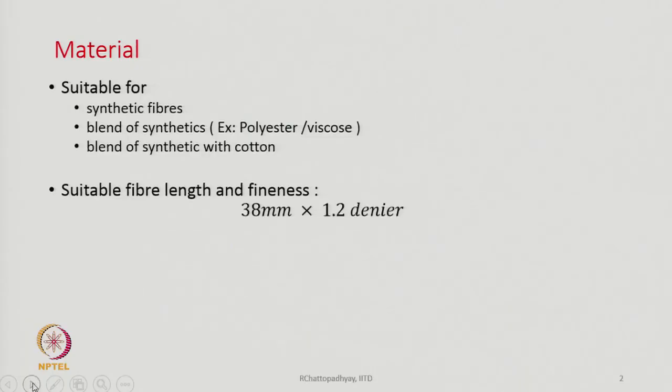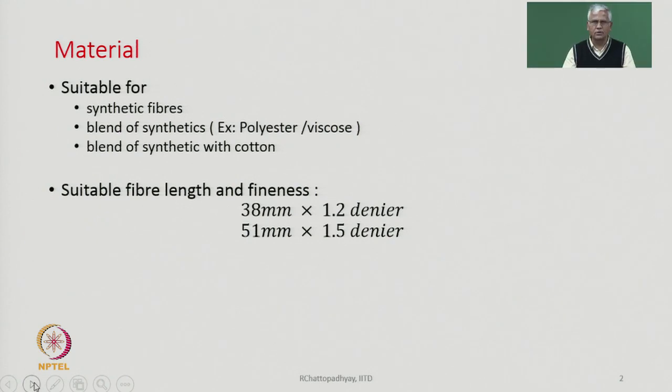The suitable fiber length and fineness typically could be 38 mm fibers with 1.2 denier combinations, or 51 mm fibers with 1.5 denier combinations, and fibers of similar length and fineness in the case of cotton also. Generally, that means it is suitable for long and fine fibers.